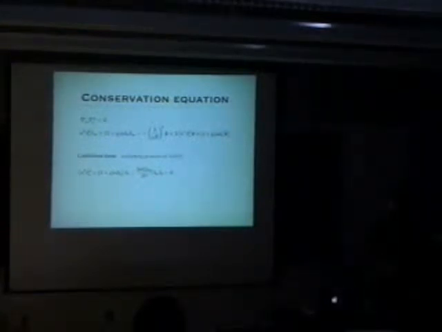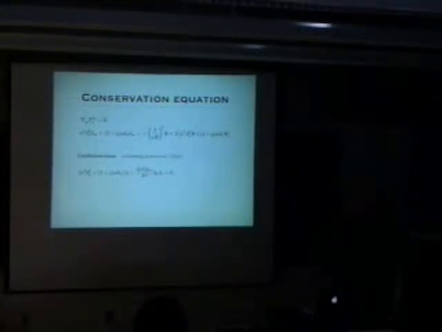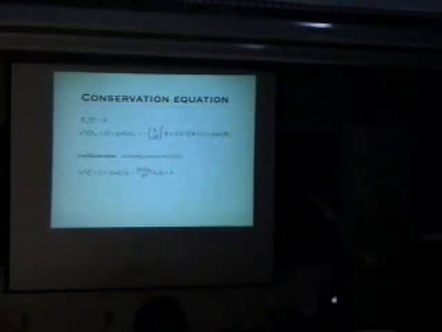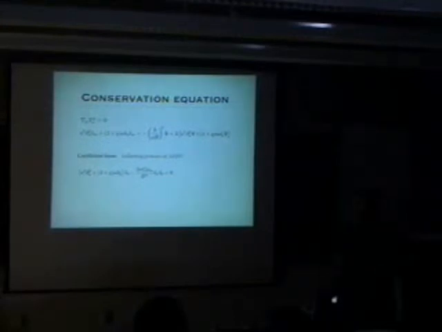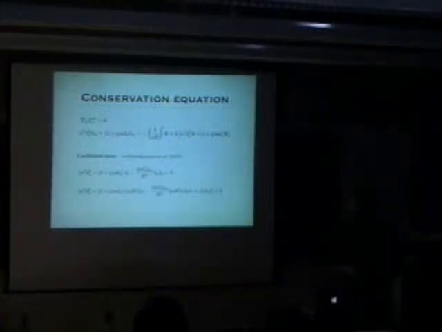This is the usual growth of structure equation, except that this beta 0 coefficient describes your effective gravitational constant. If that's different from 1, which comes about in many theories, then you would have an extra boost to the growth of structure or a suppression, depending on how it comes in. If you go to next order in aH over k, you have a different equation, and you can solve order by order if you wanted.